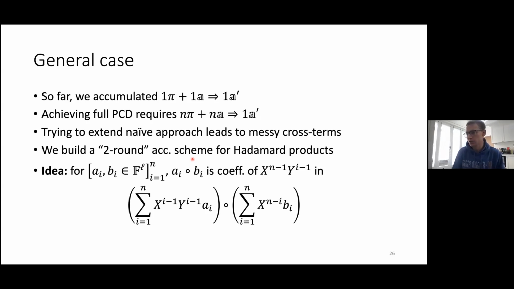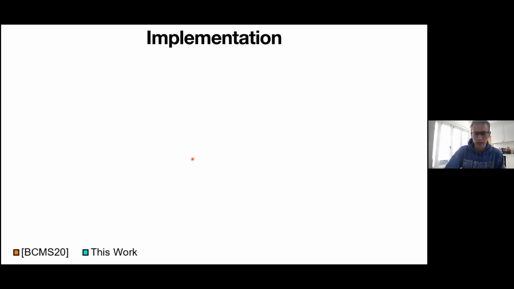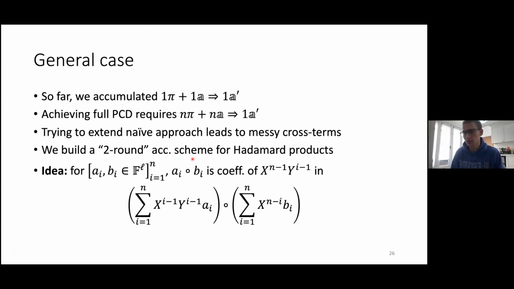We use a similar idea for building a general accumulation scheme for Hadamard products. So now I want to hand over to Pratyush again, who will talk about the accumulation.